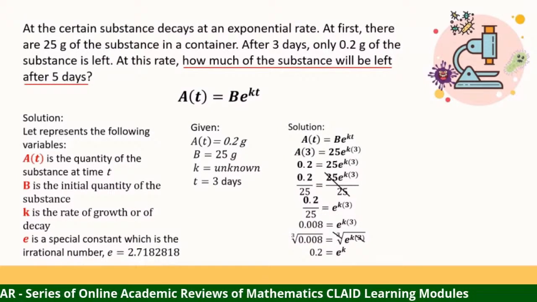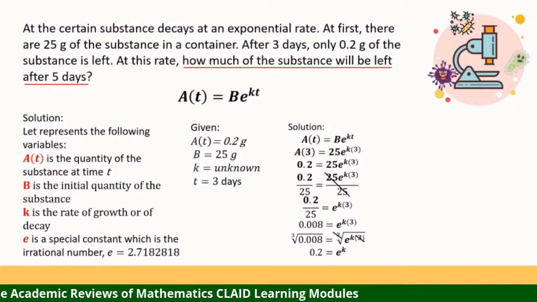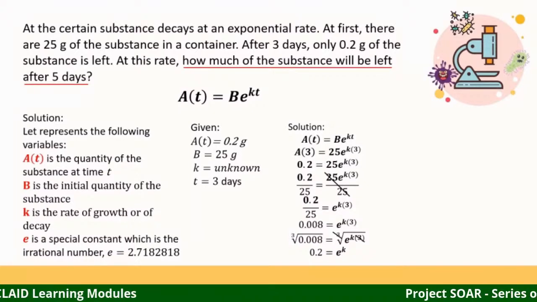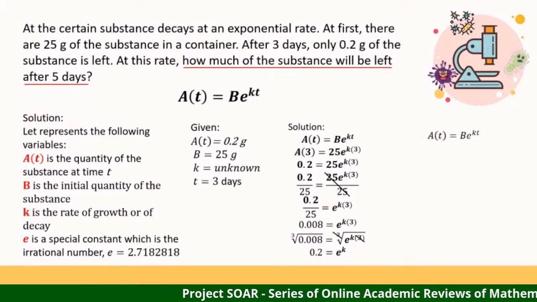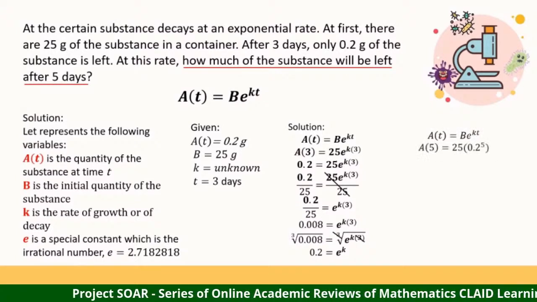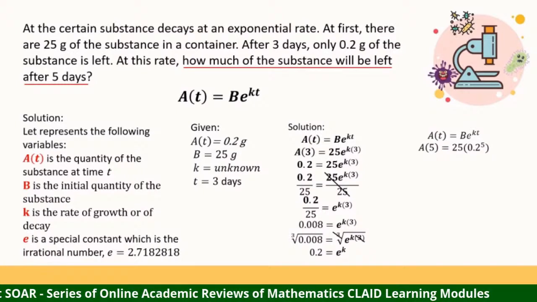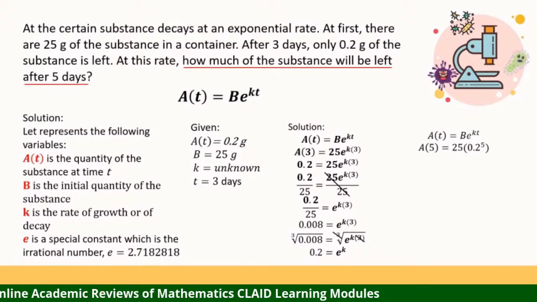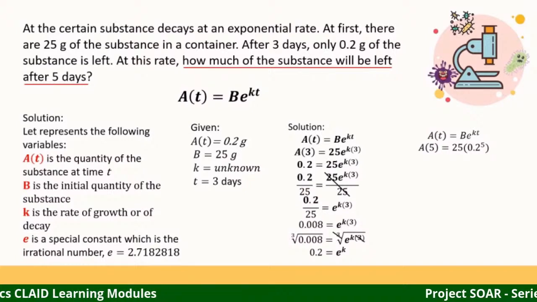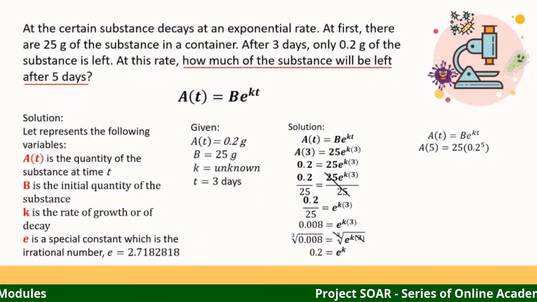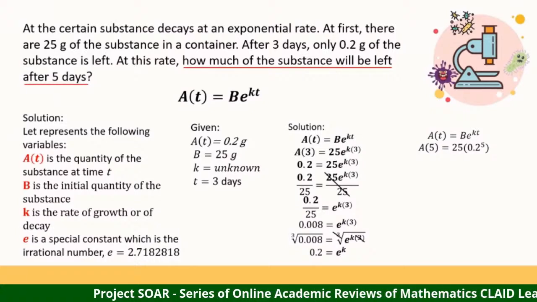Ngayon, we have now the value of E raised to K. So let's now get for the amount of substance after 5 days. So for the given formula, we use A of 5 because we're looking now for the amount of substance after 5 days is equal to 25 times, ano ba yung E raised to K na nakuha natin kanina?